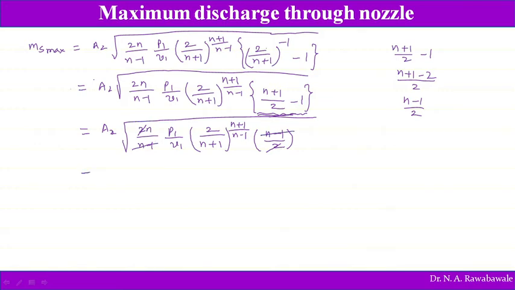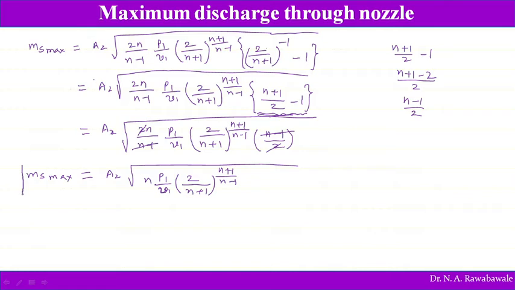So now we can rewrite this equation as A2 square root of n p1 v1 (2/(n+1))^((n+1)/(n-1)). So this is known as the maximum discharge.